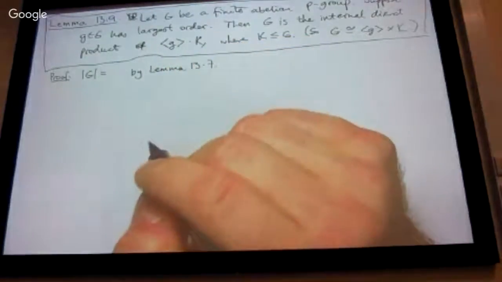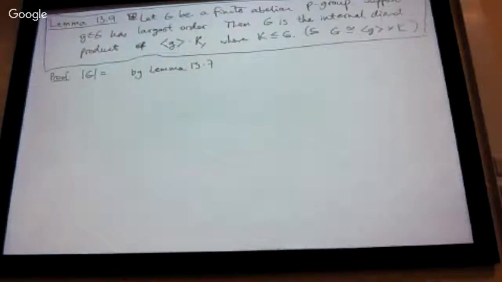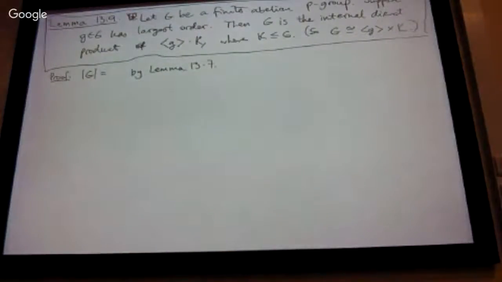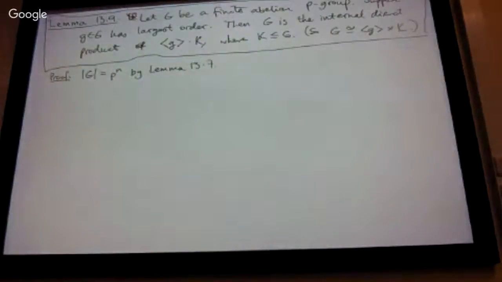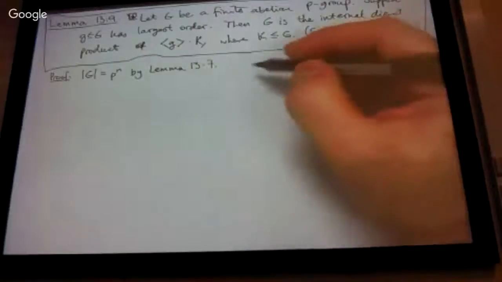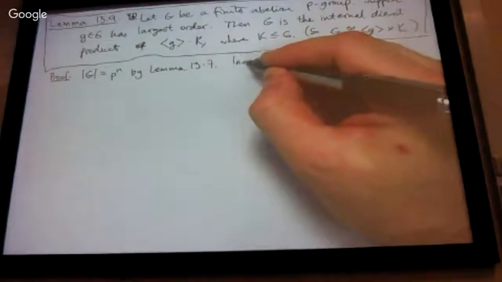Seven. I'll repeat. Yeah. And now we do induction on this n.